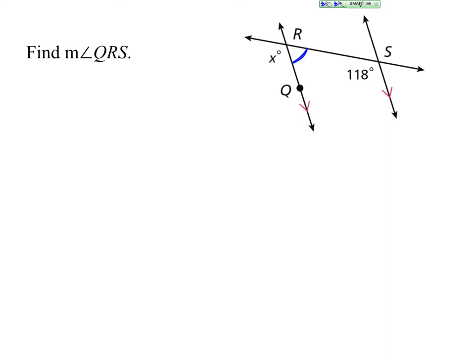I know we haven't done those other theorems yet, but you can use just the corresponding angle postulate. The 118 corresponds to the x, so x is 118 degrees.